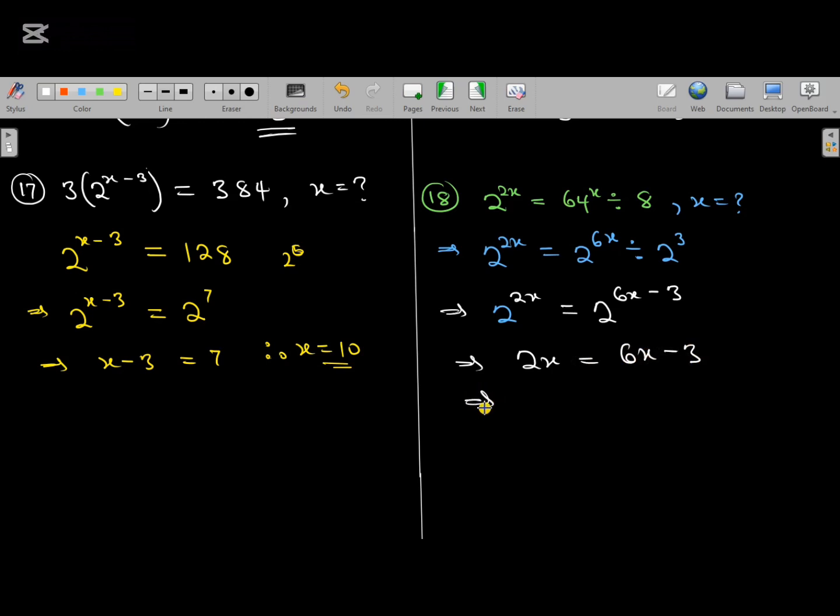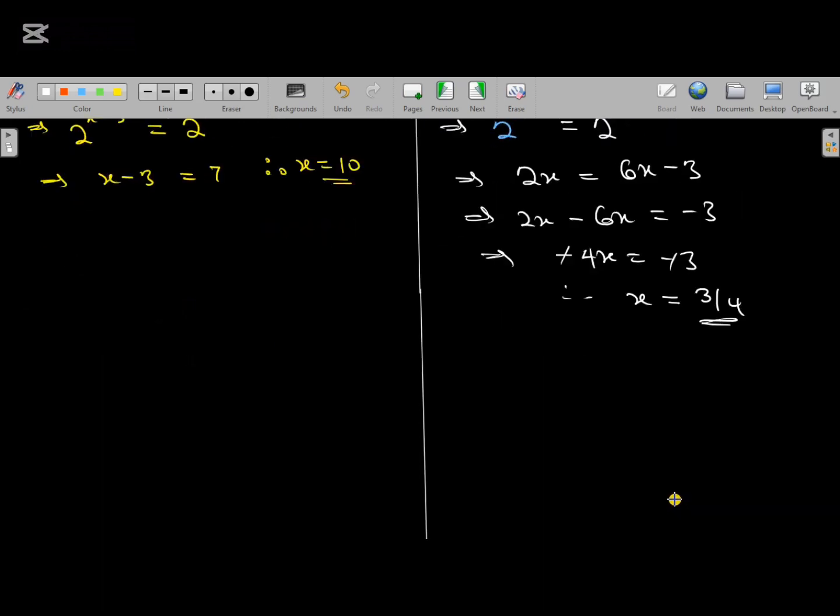So what do you think there? Collect like terms. If I bring 6x this way, it is going to be minus 4x is equal to minus 3. And of course, minus will cancel minus. If you divide both sides by 4, you will get 3 all over 4 as the value for x.